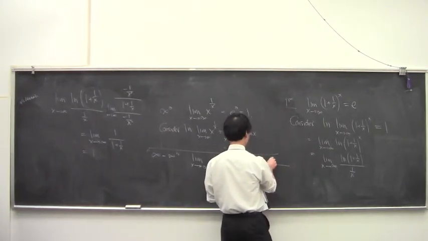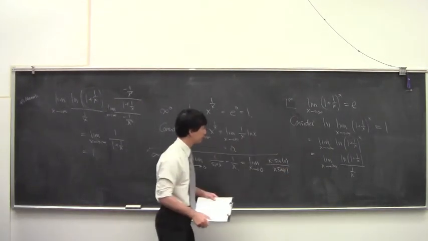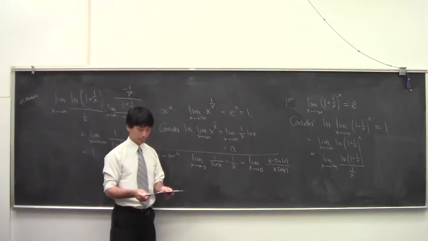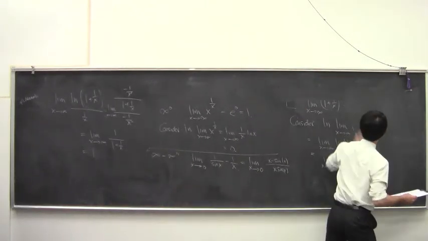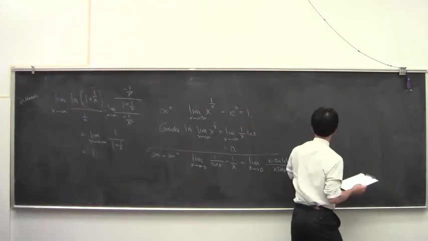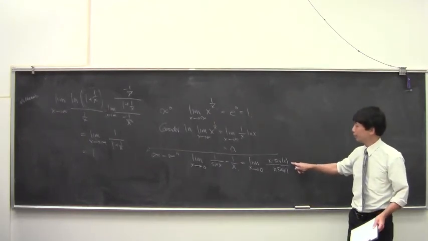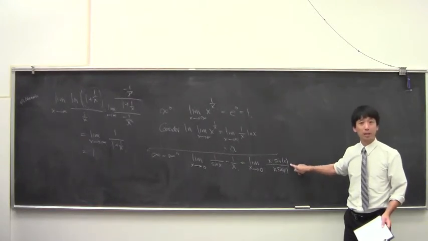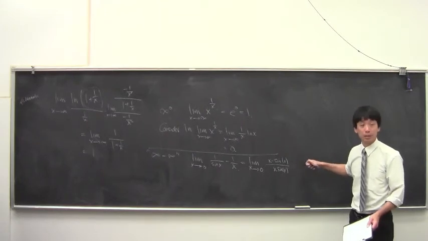This is going to be x minus sine x over x sine x. Now you see the top goes to 0 and the bottom goes to 0, and so you can apply L'Hopital's rule to it.